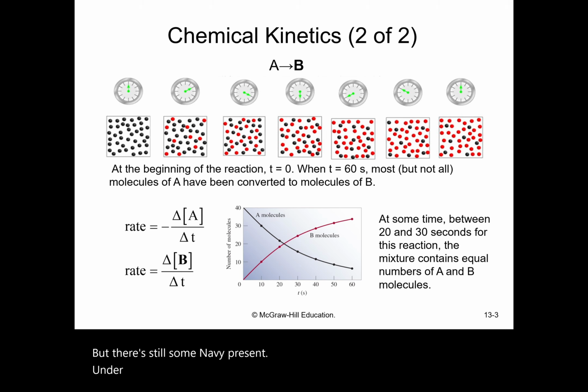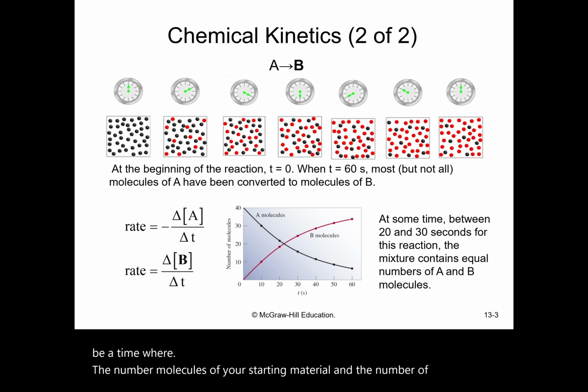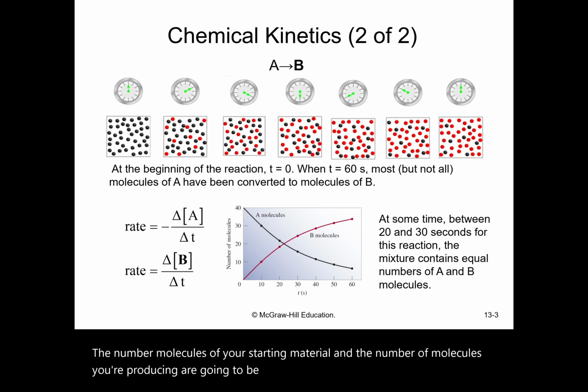Understand that at some time in between the start and the end, there's going to be a time where the number of molecules of your starting material and the number of molecules you're producing are going to be equal.